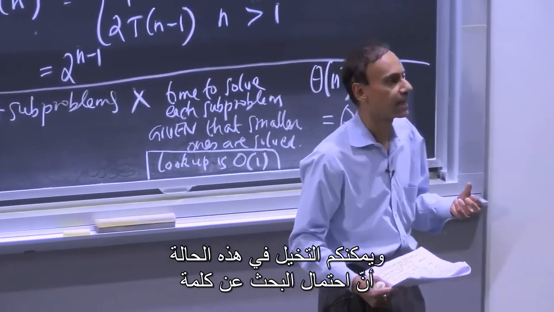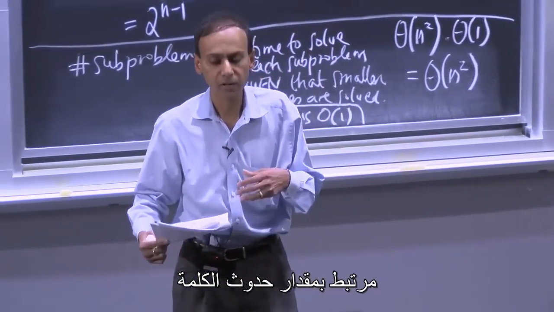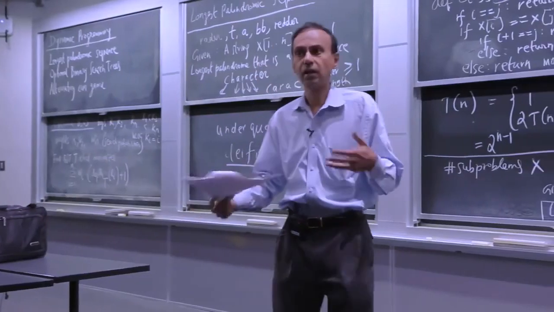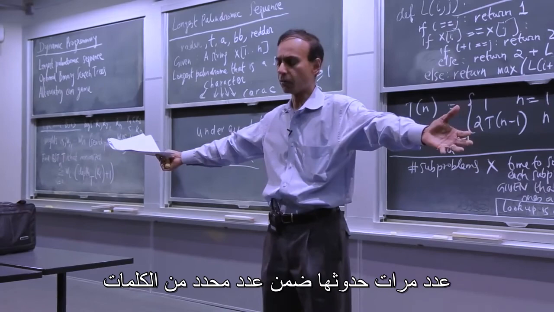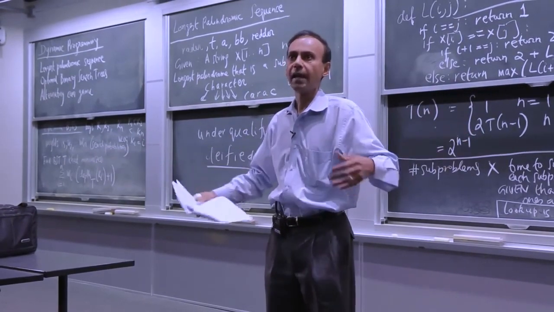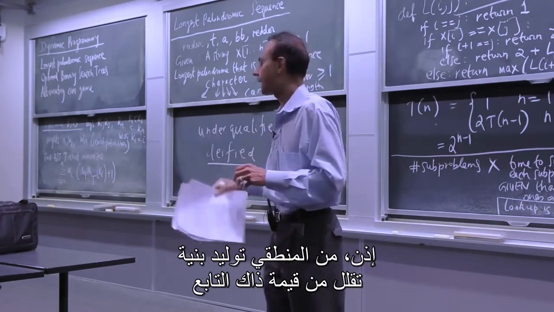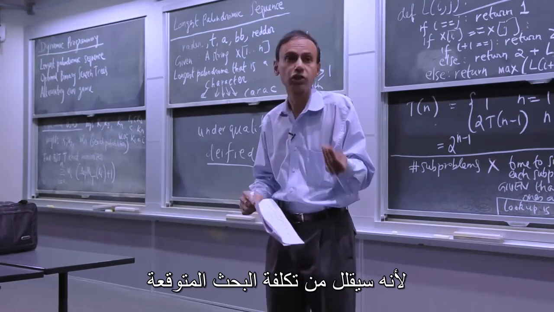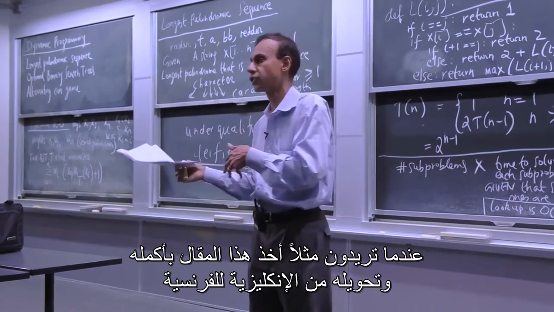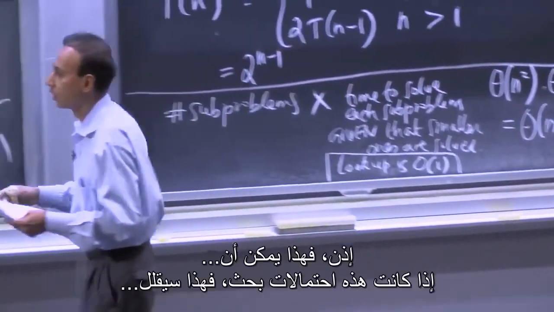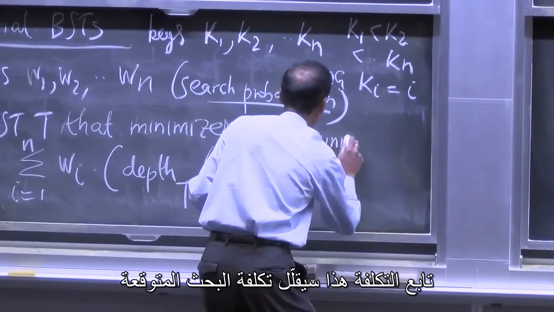The search probability of a word is associated with the occurrence of the word, the number of times over some normalized number of words that this particular word occurs, and that would be the weight. So it makes sense to create a structure that minimizes that function, because it would minimize the expected search cost when you want to take this entire essay, for example, and convert it from English to French or vice versa.